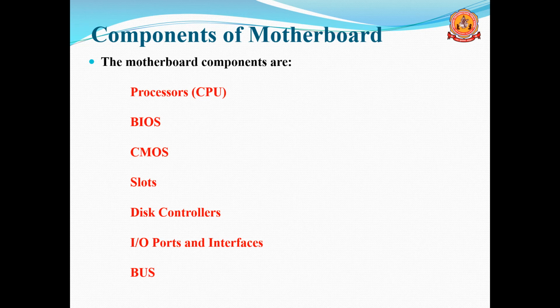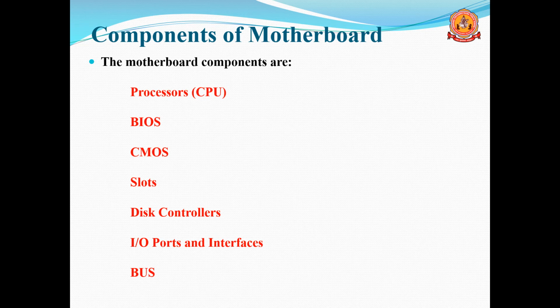Next one is slots, different types of slots. Next, the disk controllers control the disk operations: hard disk operations, floppy disk, CD drive, all of this comes under disk controllers. Next one is IO ports, input and output ports, along with the different types of interfaces.